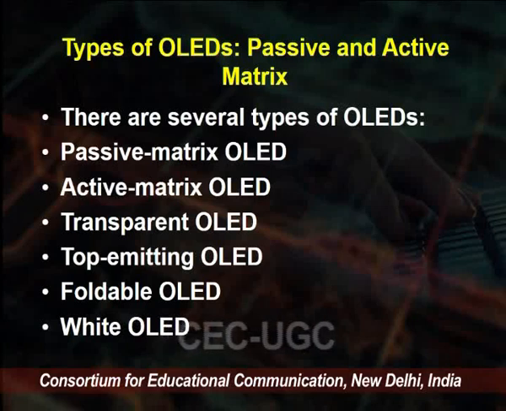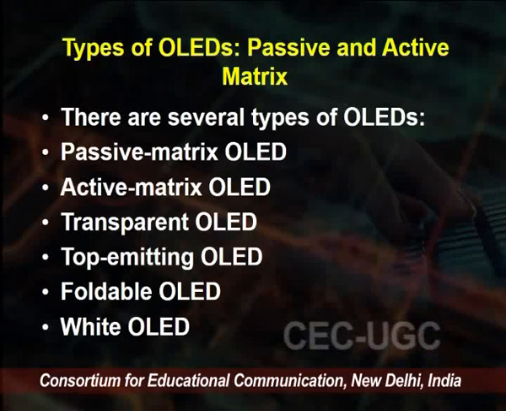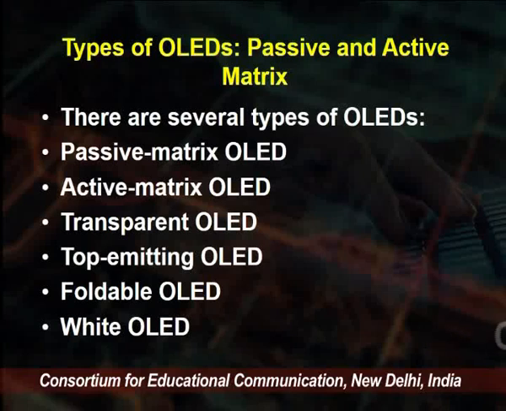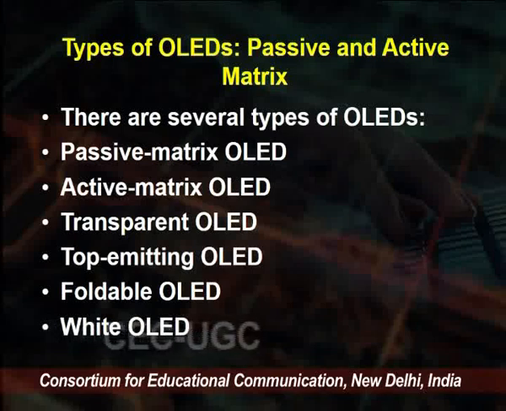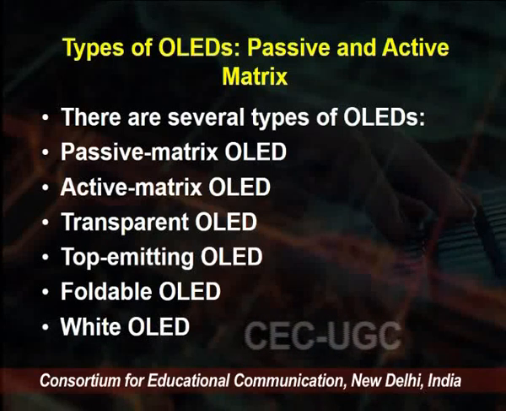What are the types of the OLED? If we talk about the passive and active matrix, so there are the various types of the OLEDs. Number one is the passive matrix OLEDs. Second is the active matrix OLED. Third is the transparent OLED. Fourth is the top emitting OLED. Fifth is the foldable OLED.